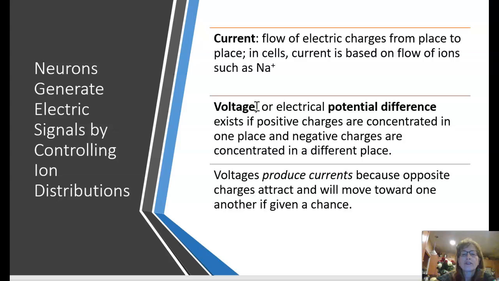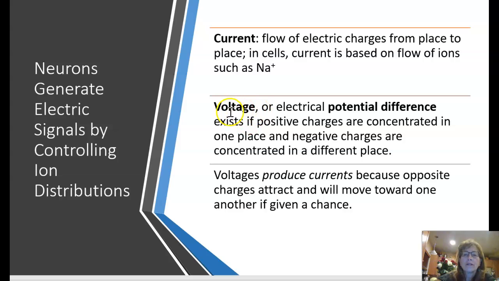We can determine the difference in voltage from the outside of a neuron to the inside, and that is what we typically talk about when we're looking at resting potential as being that negative 70 millivolts, that difference in electrical potential on the inside of a neuron versus the outside.